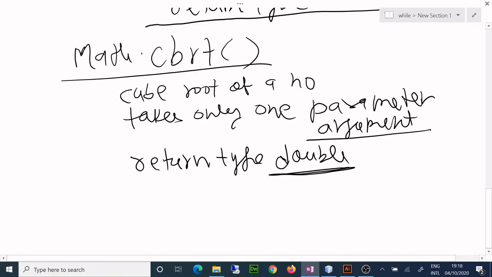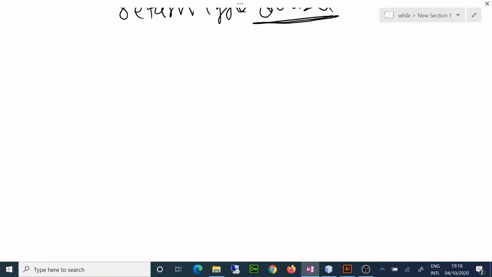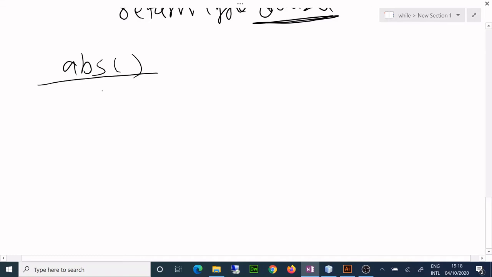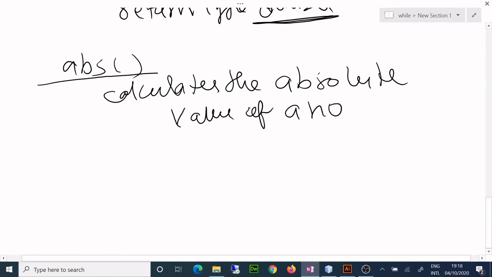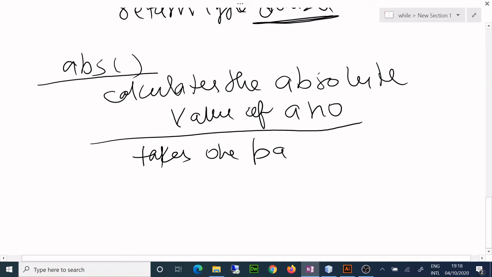So the abs method calculates the absolute value of a number, and takes one parameter or argument.